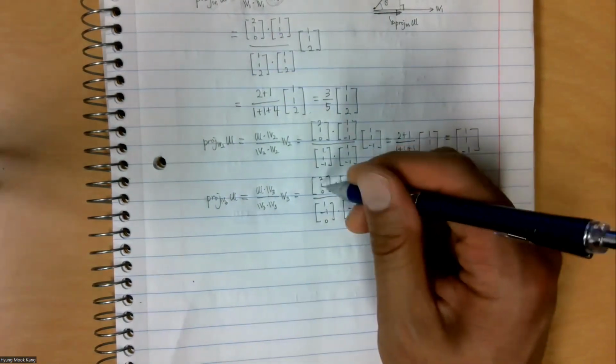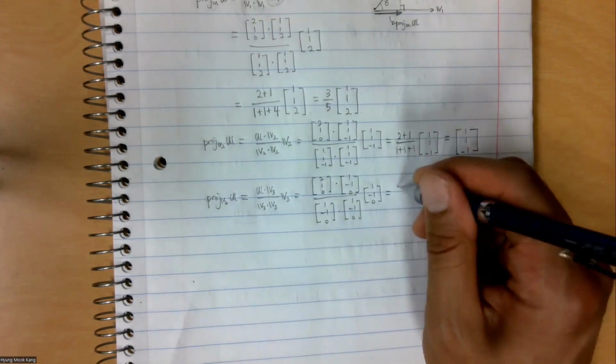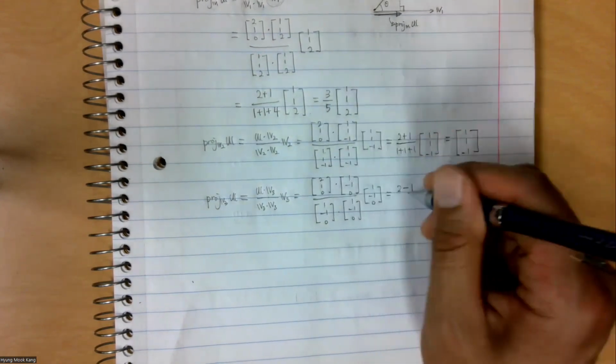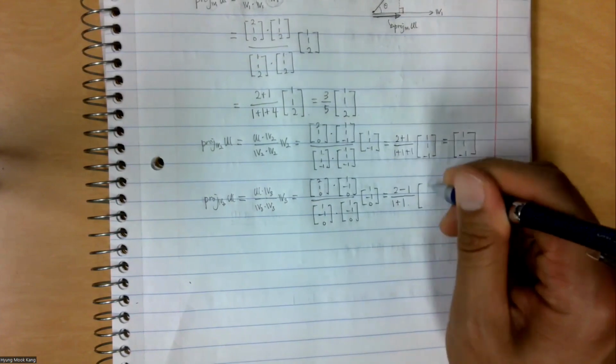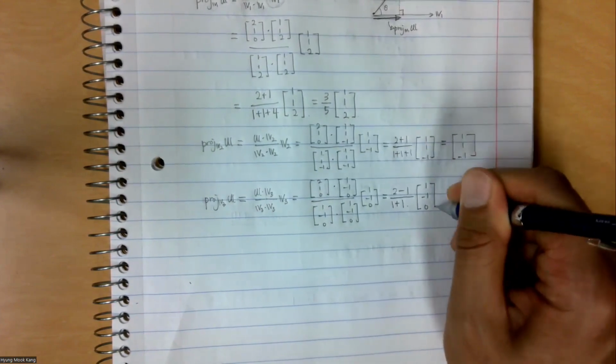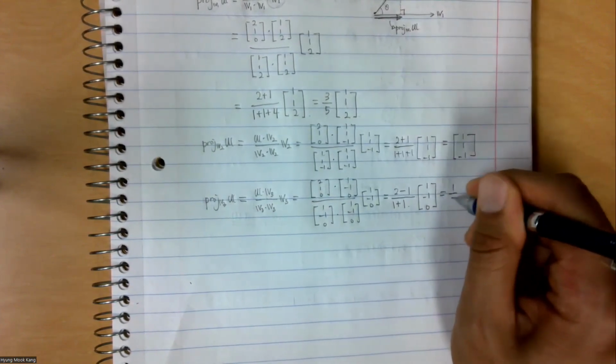So this is 2 times 1 plus 1 times negative 1, so 2 minus 1, and 0 just goes away. On the bottom, 1, negative 1 times negative 1 is 1, and 0 goes away. So we get 1 over 2 times (1, negative 1, 0).